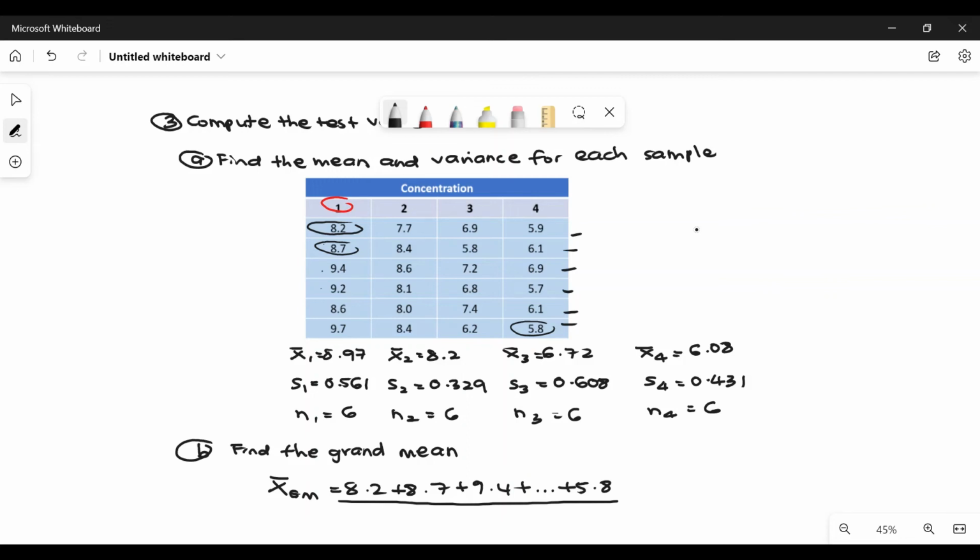Here we have 6 times 4, which is 24. And you will get the grand mean, which is equal to 7.49.